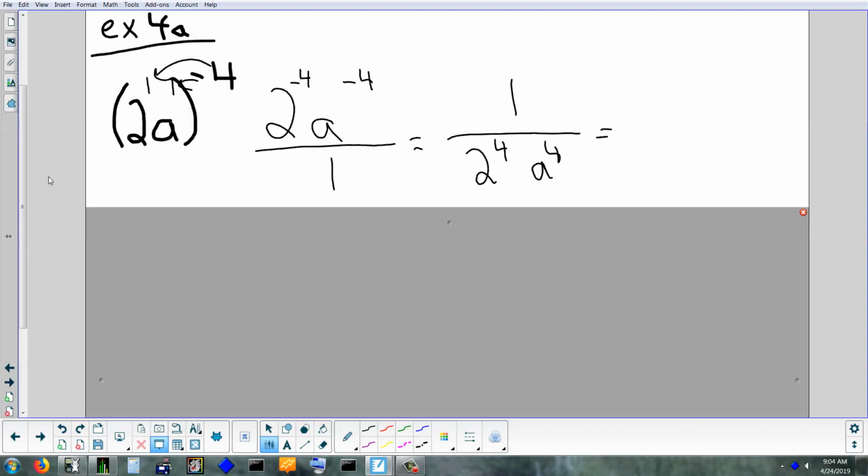For you guys, I think when it's to the 2nd power, you can handle it. But if it gets to the 3rd power, 4th power, more than that, I would recommend using your calculator. If it's a small base like 2, you may be able to do it. But if it gets bigger than that, you may want to use your calculator. So like we said, it's going to be 16 A to the 4th.